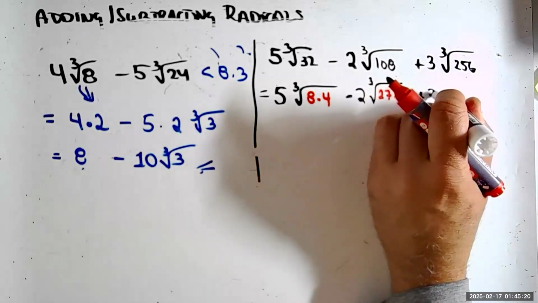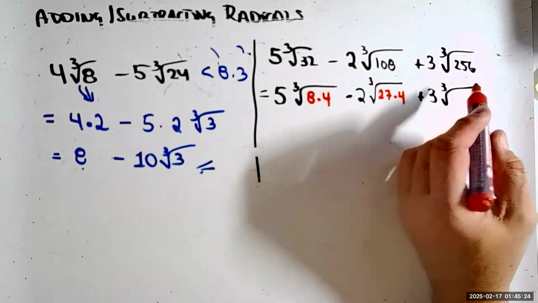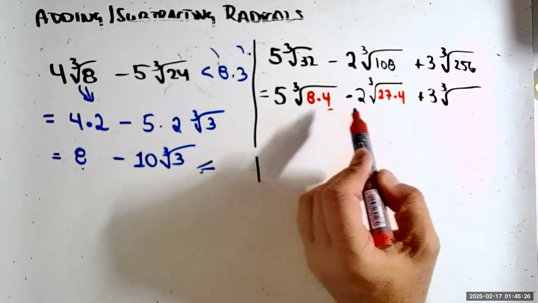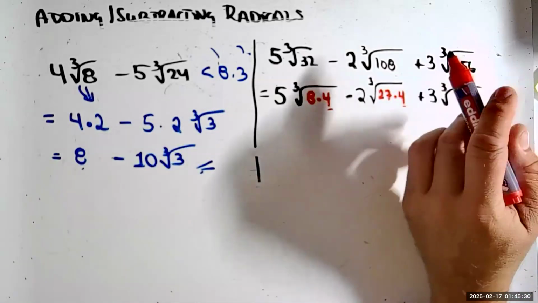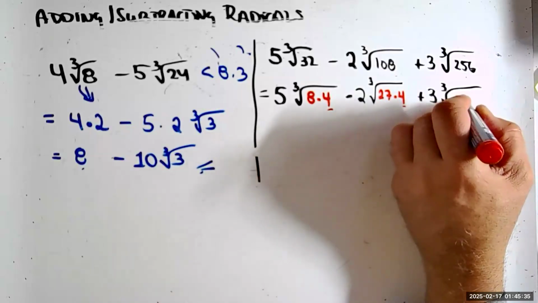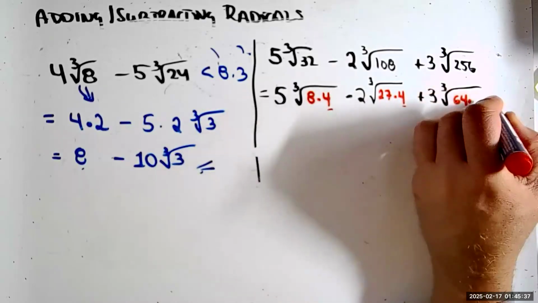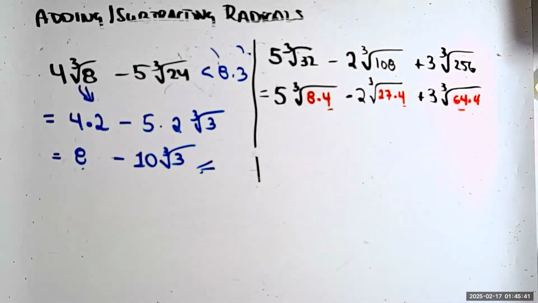Plus 3 cube root of 256. Well, since I'm going to leave 4 here and 4 here, why don't we try to do 256 divided by 4 to see how much that is? I believe it's going to be 64 times 4. And no coincidence, the cube root of 64 is 4.